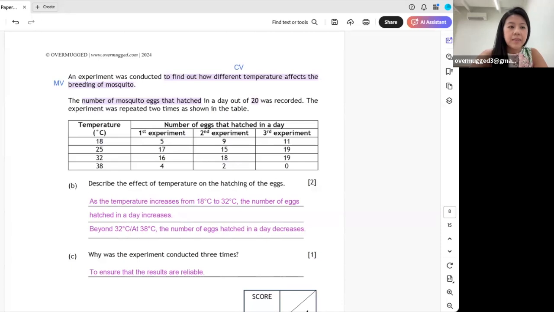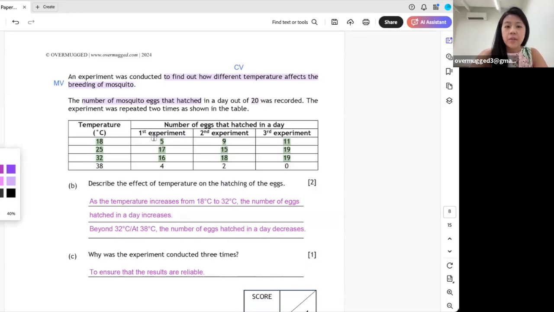Now I'm going to highlight the data in 2 different colors. One in green. You can see a pattern here at 18 degrees to 32 degrees. The numbers are pretty high for the number of eggs that hatch in a day.